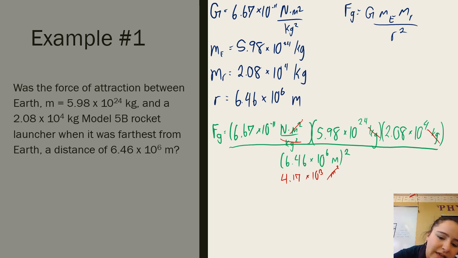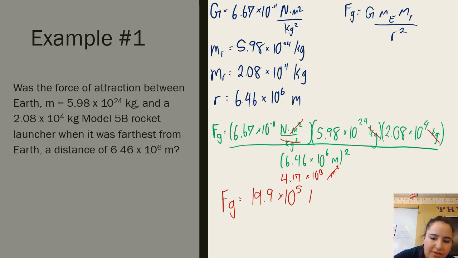And I got a force of gravity equal to 19.9 times 10 to the 5th newtons. So pretty strong force of gravitational attraction there. Let me double check my calculation because I feel like it's a little bit high.